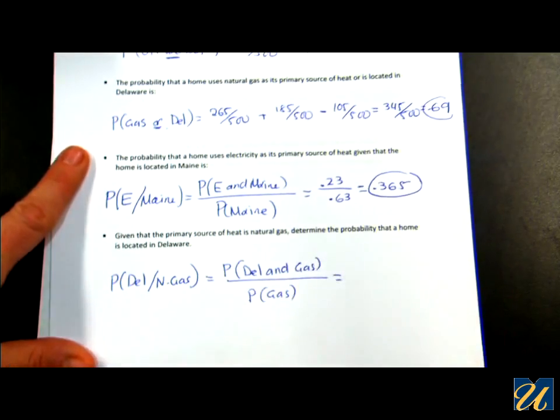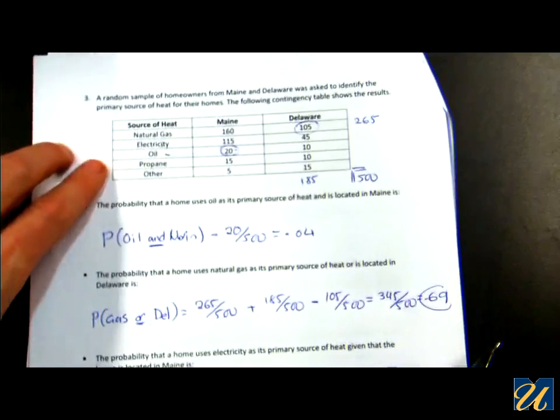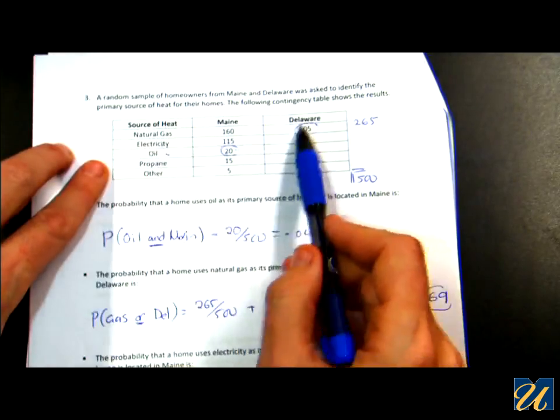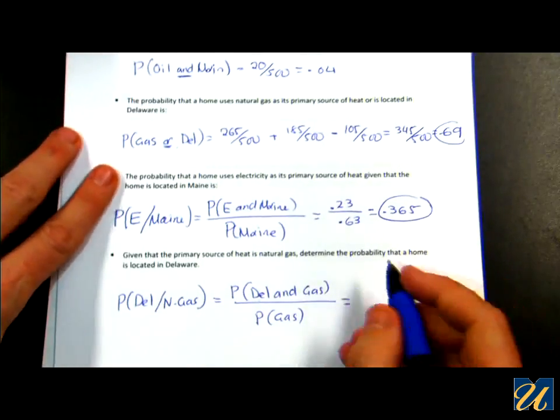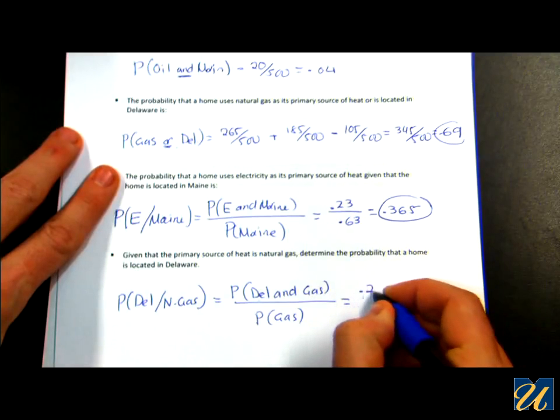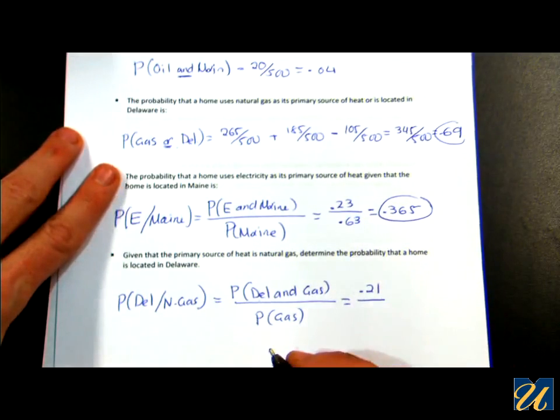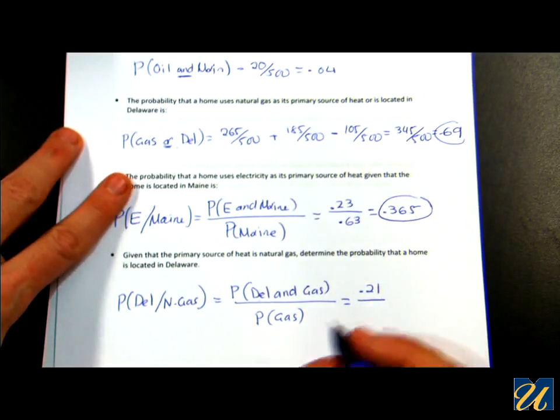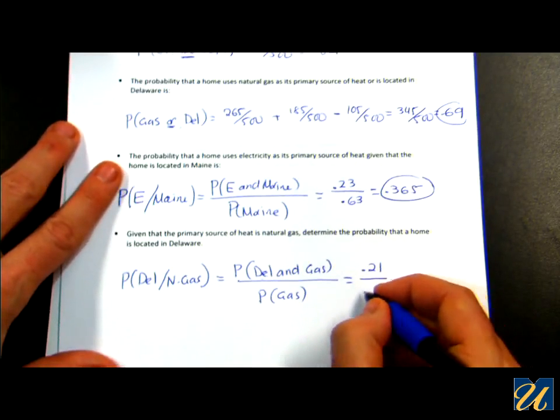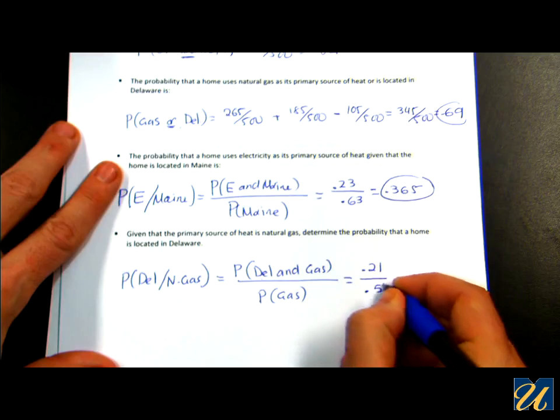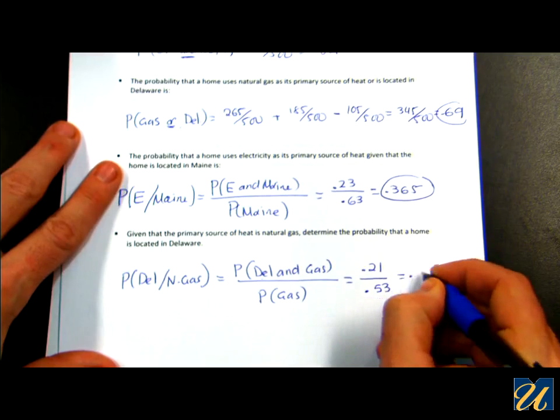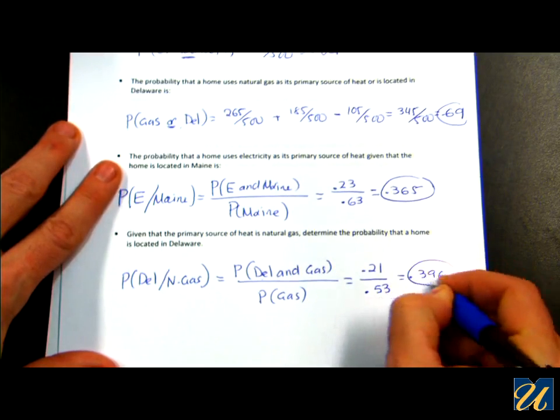So the probability of being located in Delaware and using gas, you go back to your table, Delaware gas, 105 over 500, which is 0.21. The probability of using gas, 265 over 500, 0.53. So this probability will be 0.396.